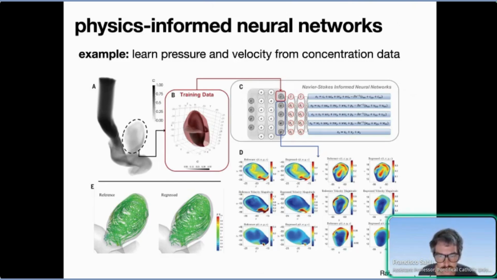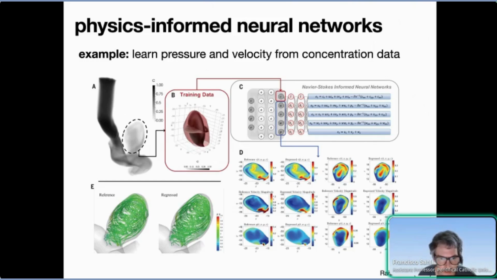So the main tool that we will be using will be physics informed neural networks, which is a type of deep learning architecture where you not only train directly on data, like the segmentation network that the previous speaker was showing, but we also have some physical knowledge about the system.